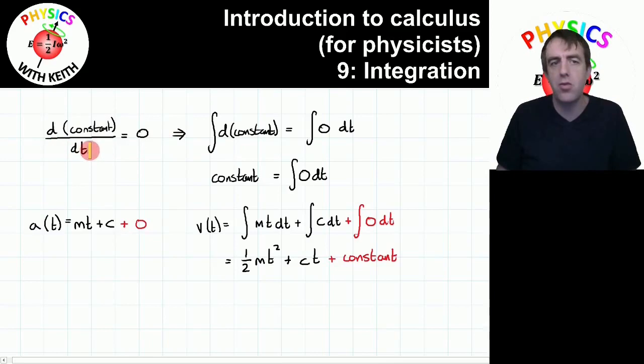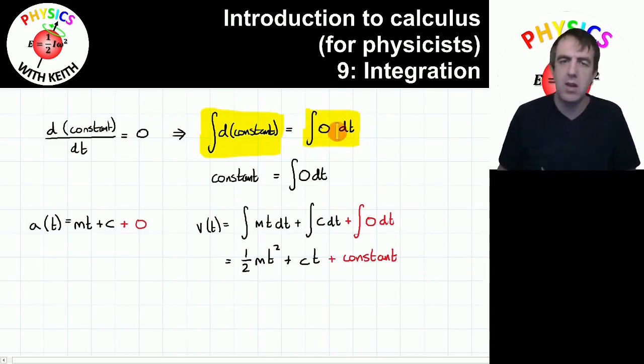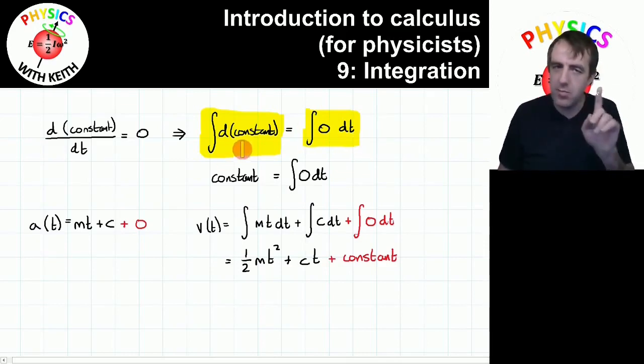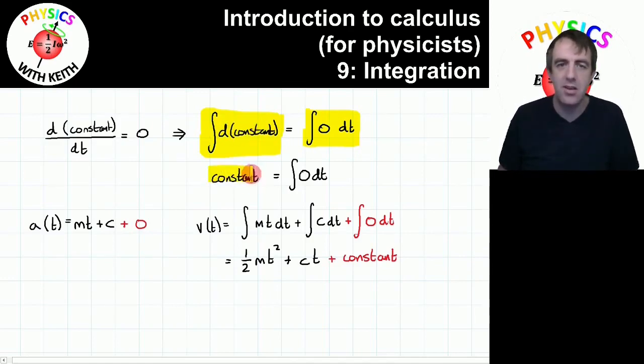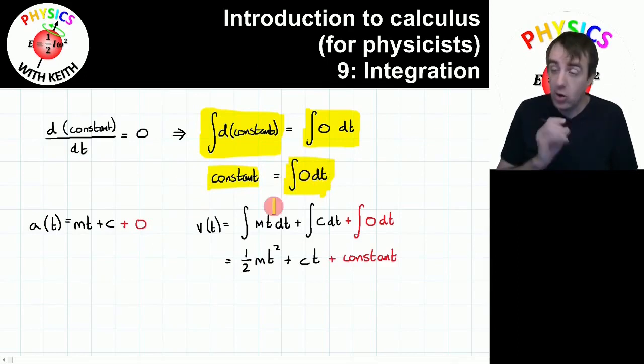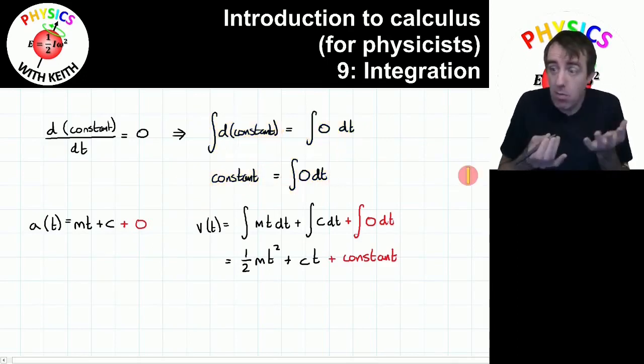I can multiply through by dt and then do the integration sign, and that means that if I integrate d of some constant, it's the same as integrating 0 dt. And if you look at integrating 0 dt, your instinct might be, well, that's just 0. But it's not. It can't be, because we're adding up small intervals of some constant, whatever that means. You're just left with the constant. So this thing here is equal to some constant. Now it could be 0, but it might not be 0.